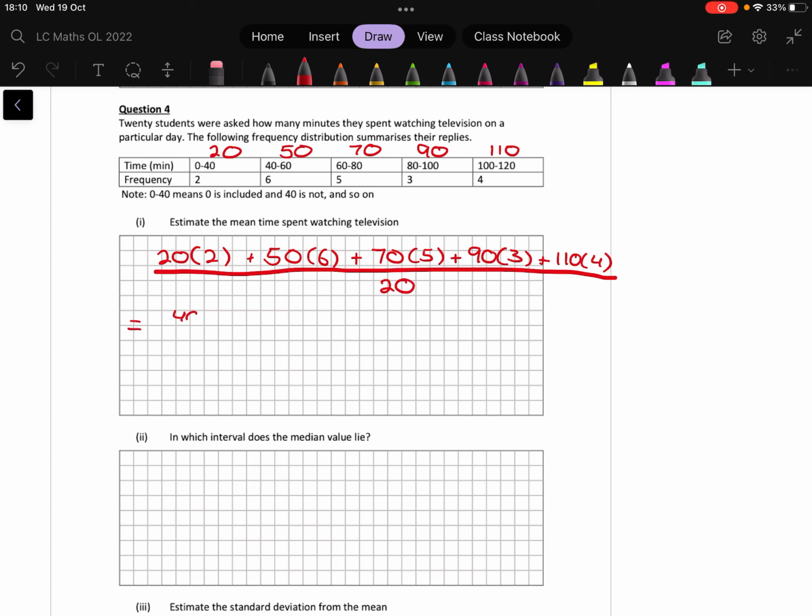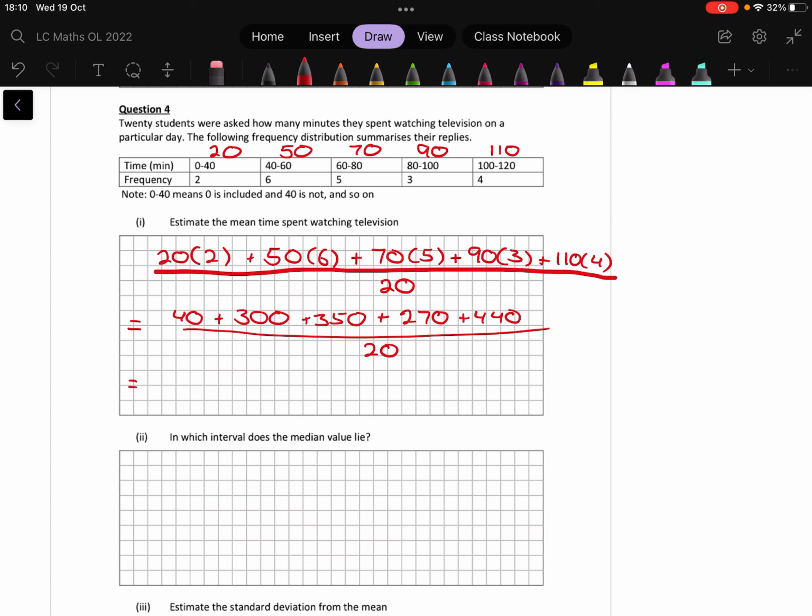And again, we just continue tidying this up a little bit as we go, making sure that we're including everything and that our sums are working out as accurately as we possibly can. Okay, showing this much work is always good as well, just to give you more chance to pick up marks as you go along. All over 20, because that was the total number of students in the class.